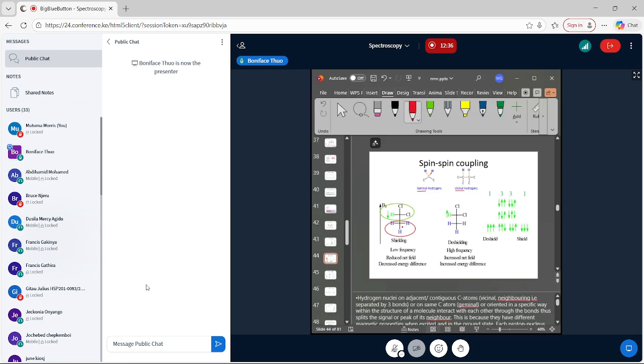And because the differences in chemical shifts of these two chemical environments are quite significant, when the methine hydrogen is resonating, the other three hydrogens will not be resonating, okay? So they can be in the higher energy state or lower energy state.